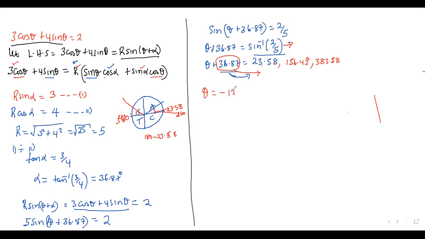Then the next one, subtract 156.42 minus 36.87. What do you get? 119.55. Then this one.